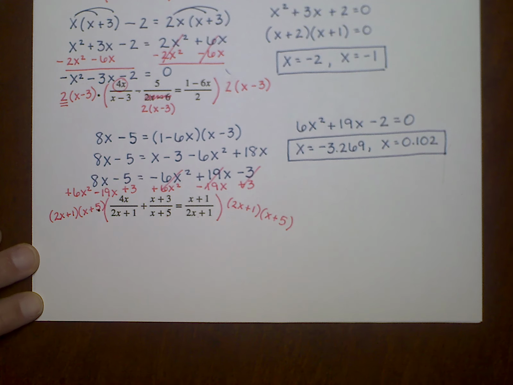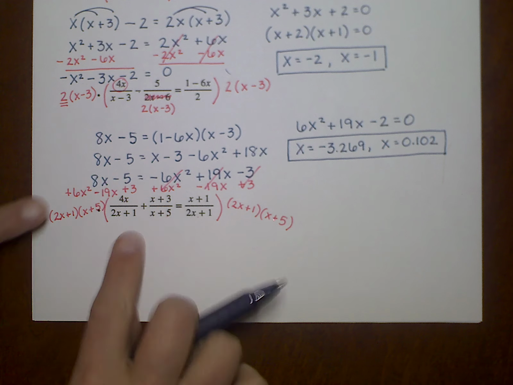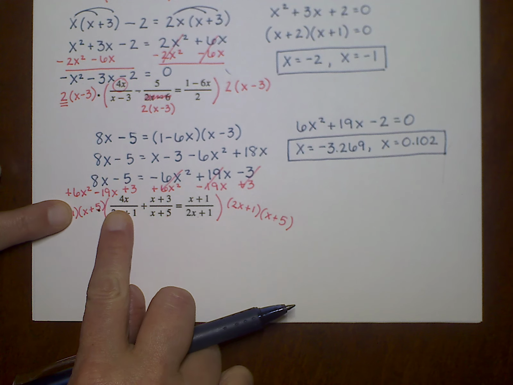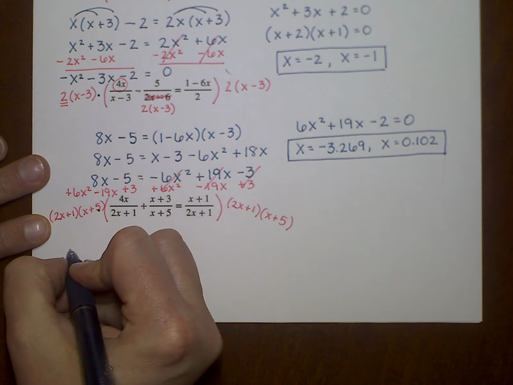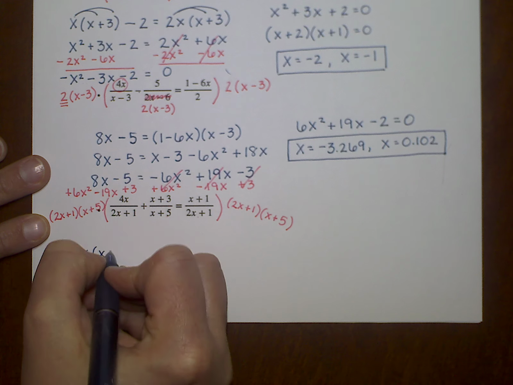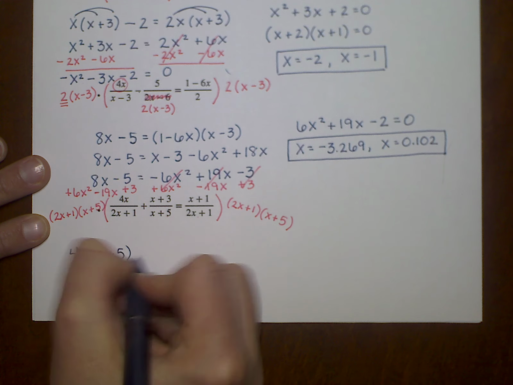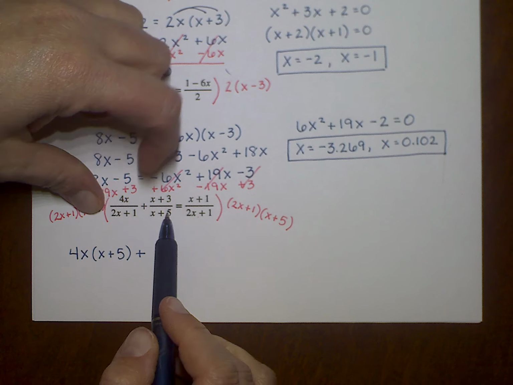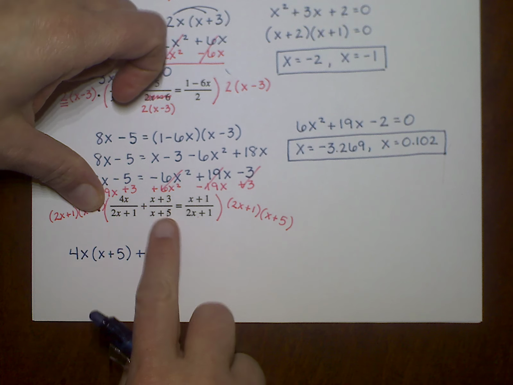And I'm doing that on the left and on the right. Okay. So when I multiply this first fraction, my 2x plus 1s are going to disappear. And so if you look at what's left there, I have a 4x on top with an x plus 5. So 4x times x plus 5 plus. Now, let's cancel this x plus 5 with this x plus 5. Sorry, I don't have a good way to cover this up.